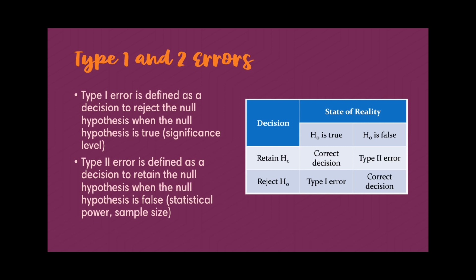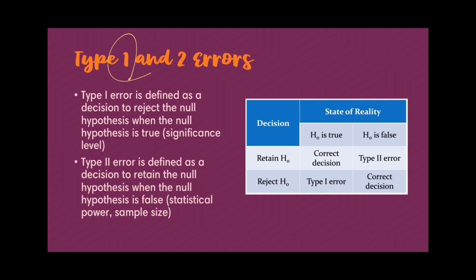So there are two types of error that we look at if we try to evaluate whether or not this is something that we take as really significant or not significant, or when we are presented with someone saying this is significant. Type 1 error is defined as a decision to reject the null hypothesis when, in fact, in reality, it's actually true.